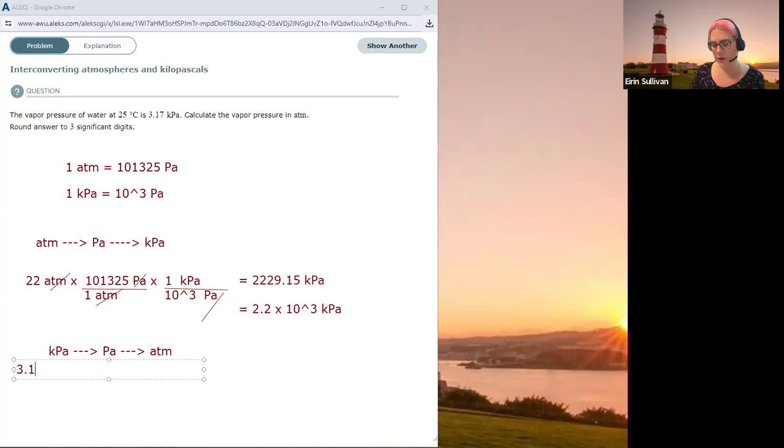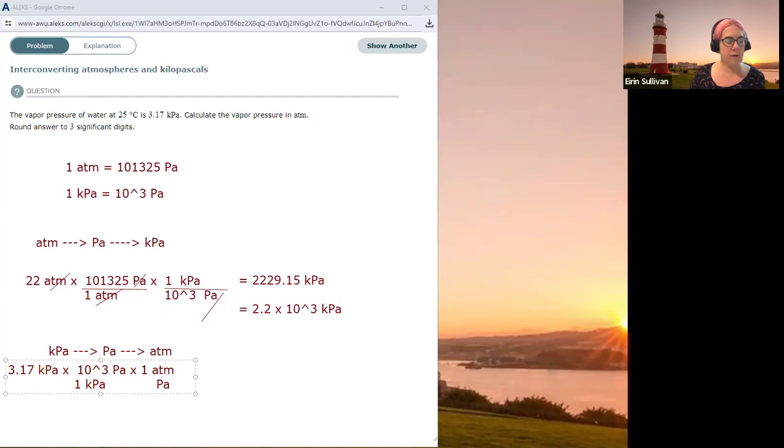The first unit that we don't want is kilopascals. So we want kilopascals on the bottom and pascals on the top. We know that 1 kilopascal is 10 to the power of 3 pascals. So kilopascal should cancel out, and then we want to go from pascals to atmospheres, so it's time for pascals to get cancelled out and for atmospheres to win.